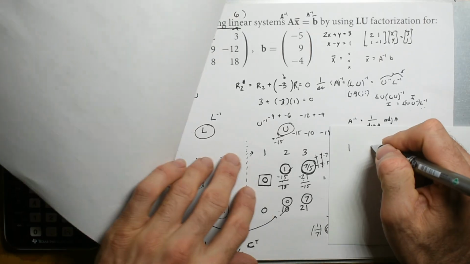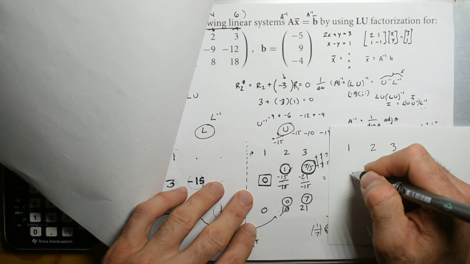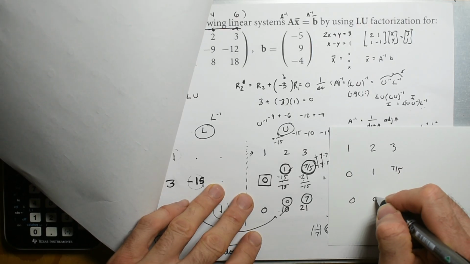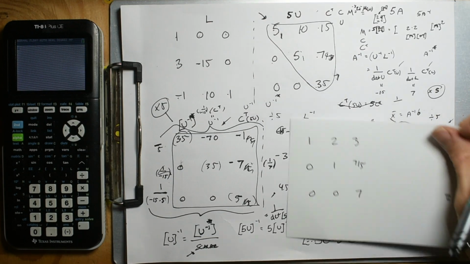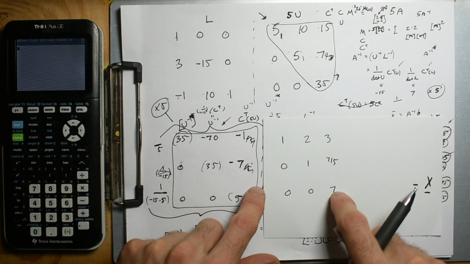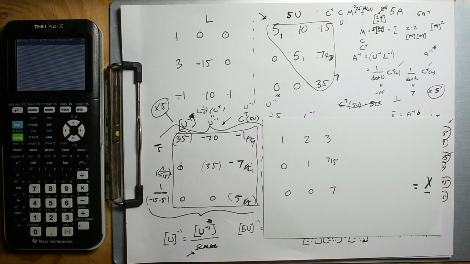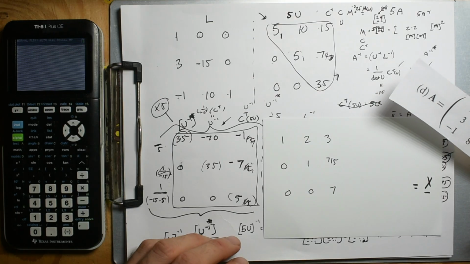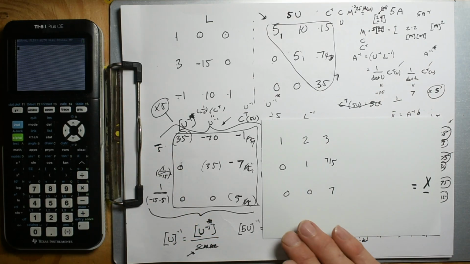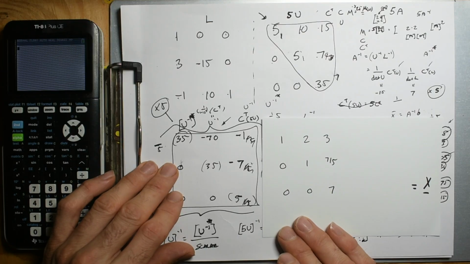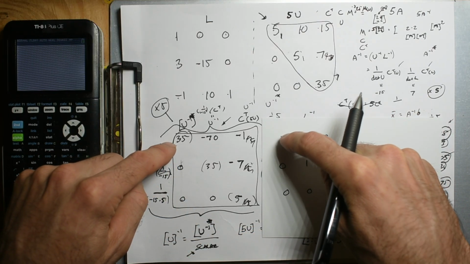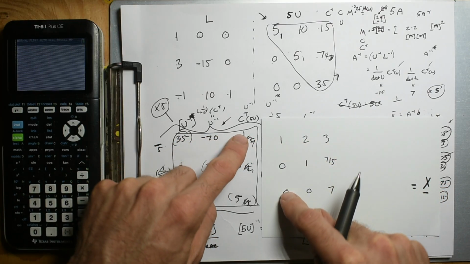So the upper is 1, 2, 3, 0, 1, 7 fifths, 0, 0, 7. Cool. So these two multiplied should equal the identity, because this is the inverse of the upper. It should be 5, 5, 5, 0 everywhere else. So first row, first column.